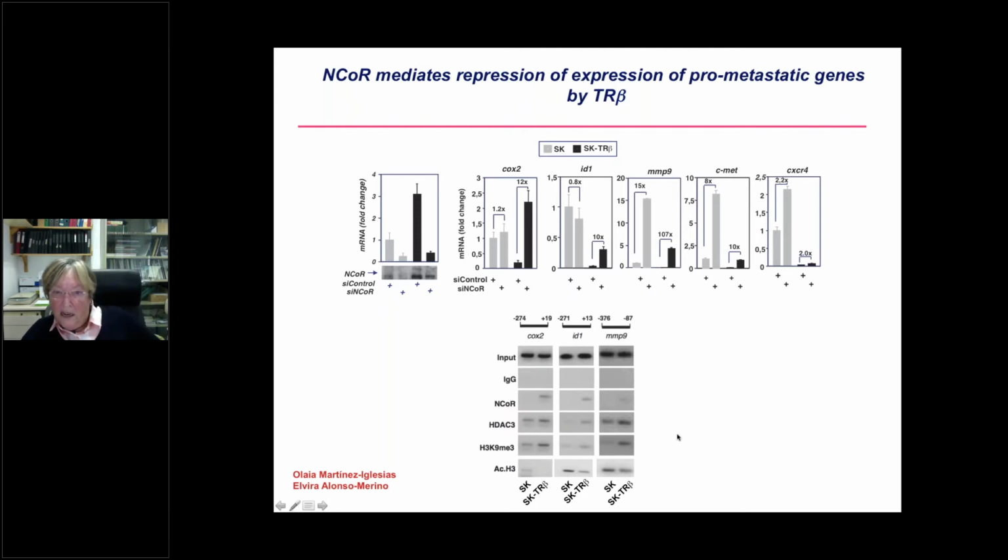Also, the promoter of these NCOR target genes had an increase of methylation of histone H3 in lysine 9, and corresponding with the transcriptional repression, the histone acetylation of histone H3 at the promoter was strongly reduced. And this, of course, was reversed when NCOR was knocked down in the cells.